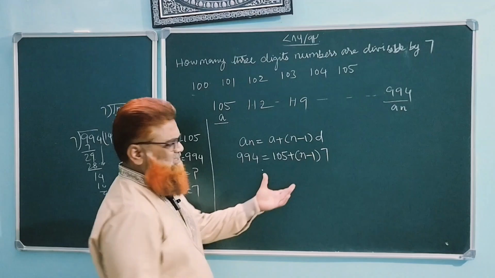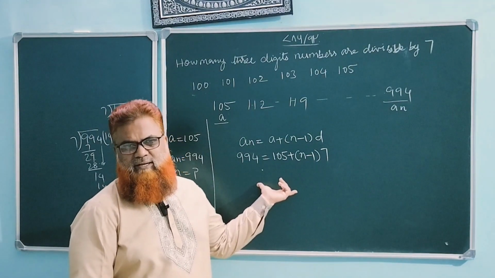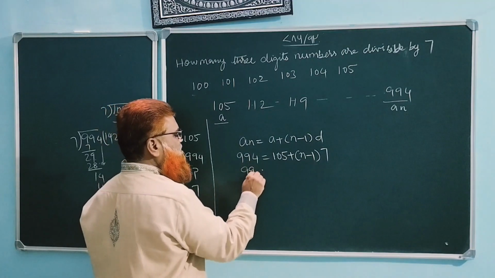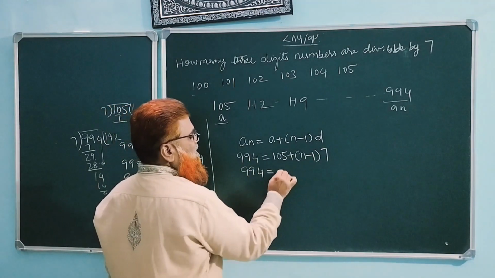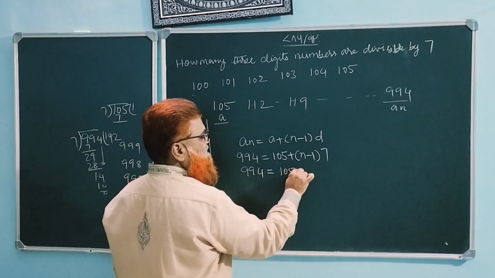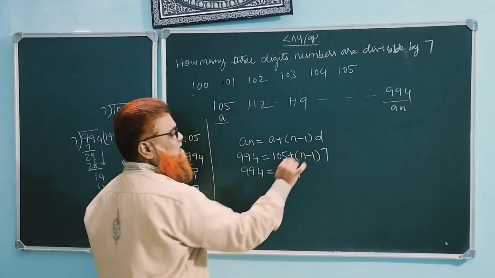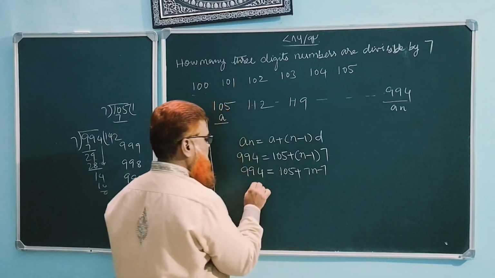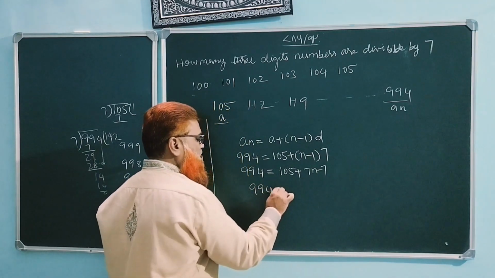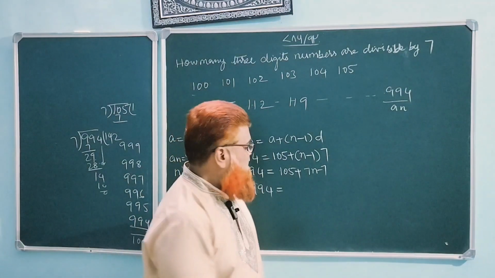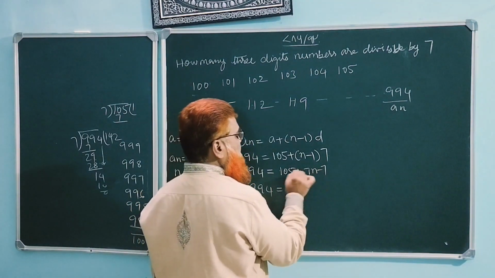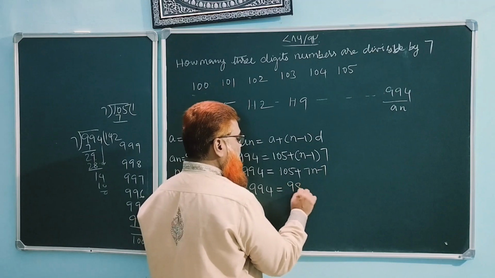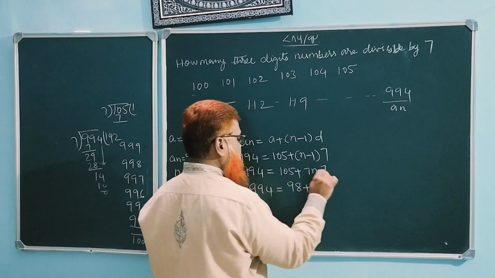This is simple simplification. 994 is equal to 105 plus, multiplying inside the bracket, 7n minus 7. So 994 is equal to 105 minus 7, which is 98, plus 7n.